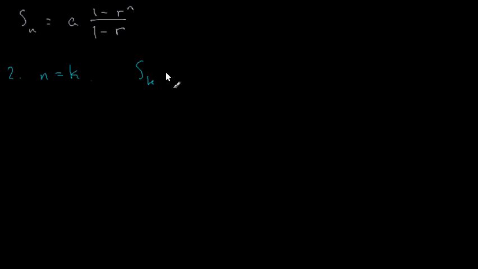So Sk is equal to a(1 minus r to the power of k) over 1 minus r is what we assume to be true. Okay, we're going to assume this. So for now, we have not actually proved this formula, but let's just pretend that it's true.